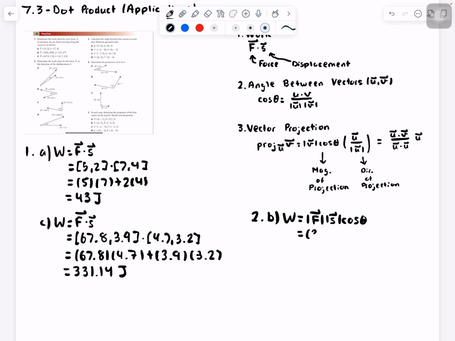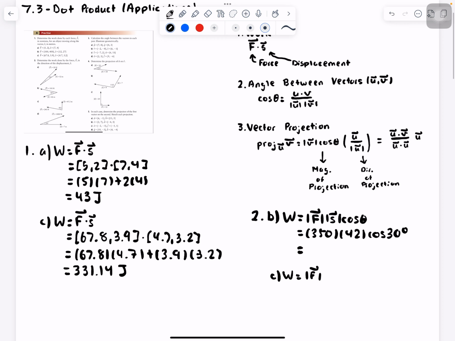350 times 42 cosine of 30 degrees. And then for C, same deal, which will be 45.2 times 241 cosine of 80 degrees.